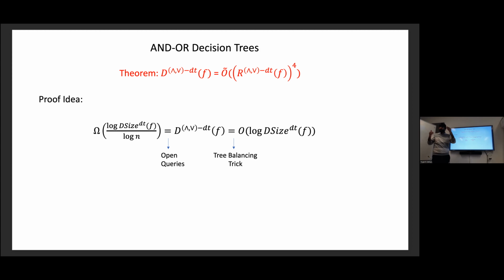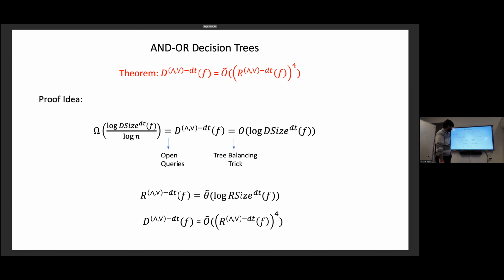And so you can convert a size S ordinary decision tree into an AND-OR decision tree of depth order log S. And so this is very syntactic. This holds for even the deterministic setting and in the randomized setting also, because you can do this operation on each of your decision trees that is being ruled.